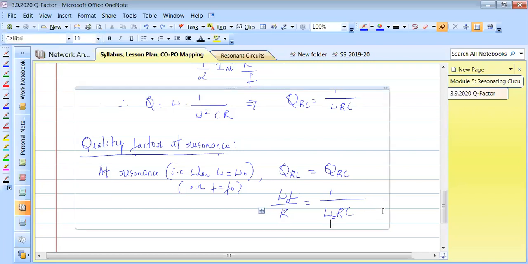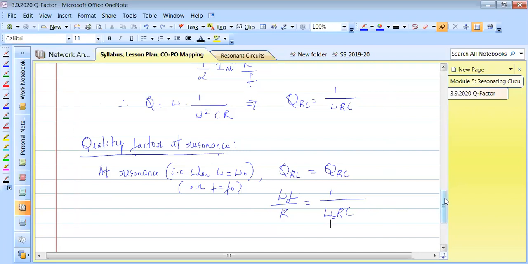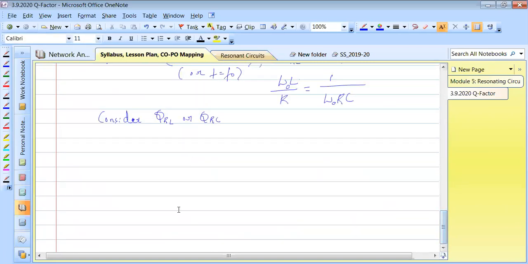Now, if we try obtaining the condition, how is this going to look like? Now, let's consider QRL or QRC. Anything you can consider. Now, if you consider QRL, I'll call this Q naught for the simple reason that it is the quality factor of RL circuit at resonance.